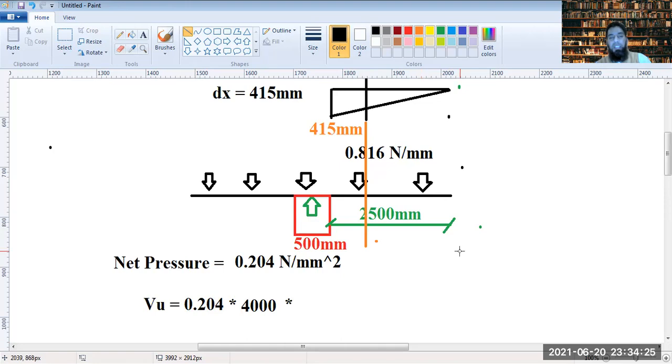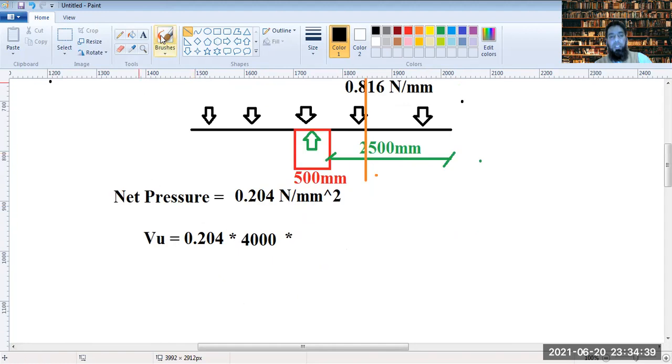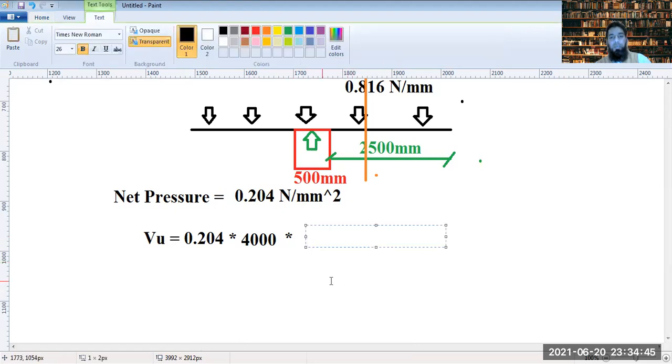Just it's W U into L at whatever point you need to determine it. So that would be the shear force, W into L, when you have a UDL acting. So what is L?